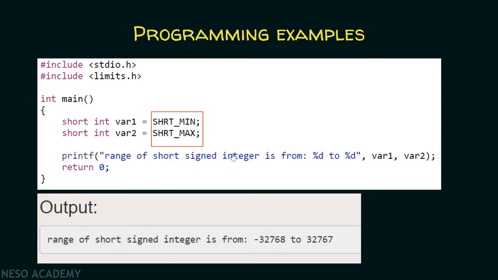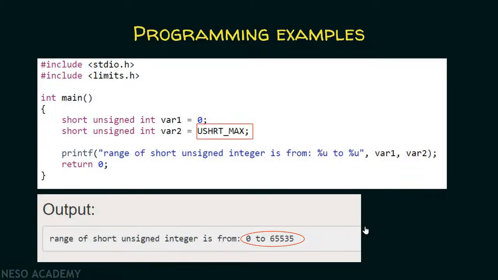Symbolic constants for getting the minimum as well as the maximum values of short signed integer are SHRT_MIN and SHRT_MAX respectively. Because of this short keyword, integer data type takes 2 bytes instead of 4 bytes. Therefore, range would be from -32768 to +32767.